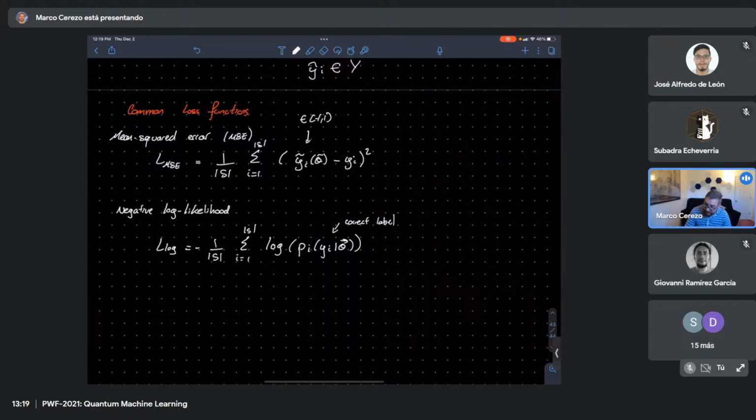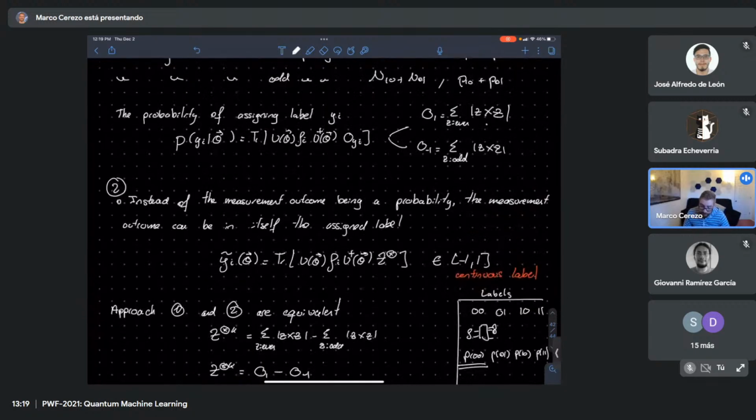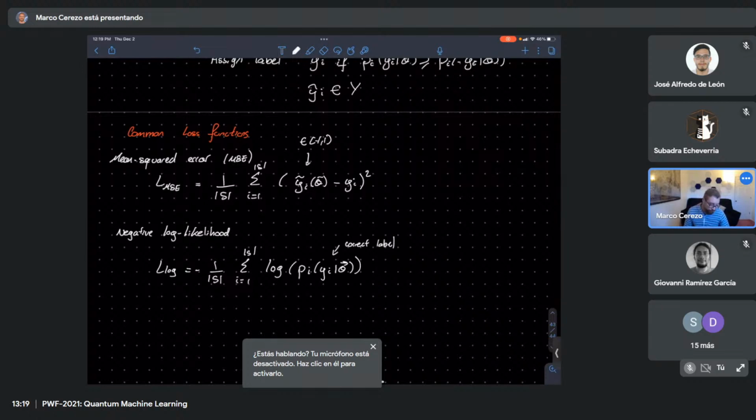If the probability of assigning the correct label is very close to 1, the log of 1 is going to be very close to 0, and we're going to be very close to solving the problem. So essentially, these two are probably the most common loss functions, and using this framework we get both probabilities and assigned labels. So you could potentially use either of those two loss functions for training your quantum machine learning model.